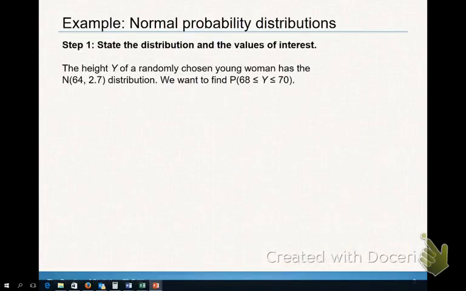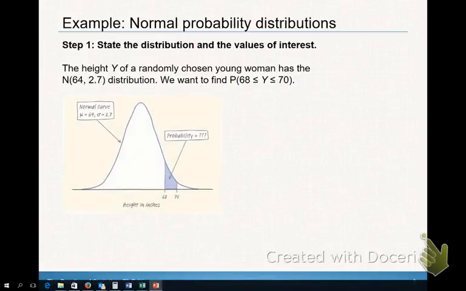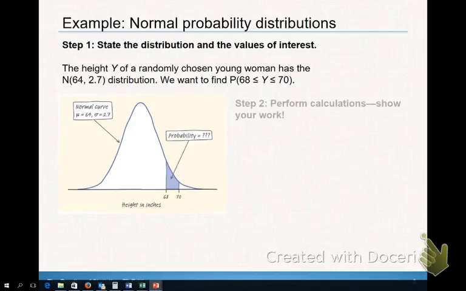So if you remember, we could say that the height y of a randomly chosen woman has a normal distribution with a mean of 64 and 2.7 for a standard deviation. We want to find the probability that y is between 68 and 70 inches. So again, our bell-shaped curve, our normal curve, would look like this.